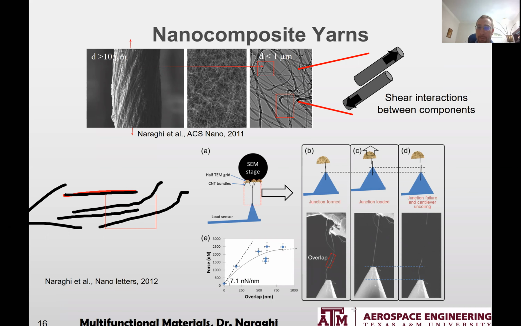I just put it here for you to review the concept we discussed in the context of carbon nanomaterials, that really the building block is going to be something like that.